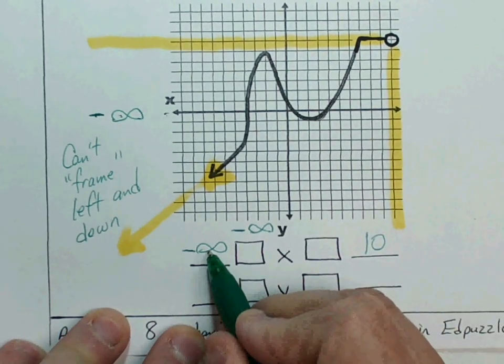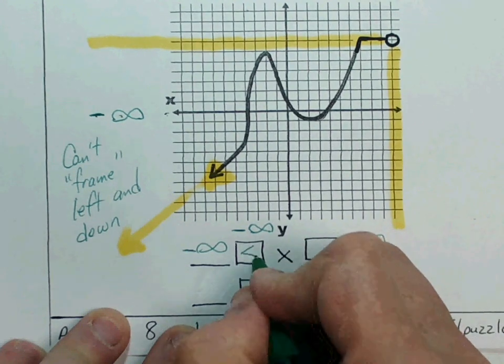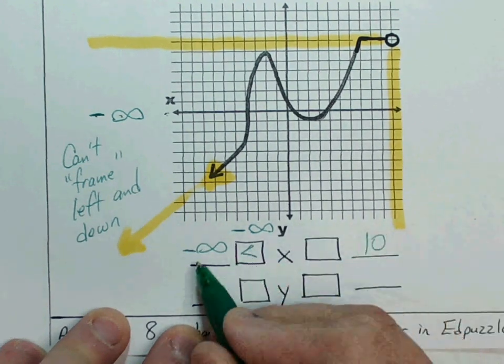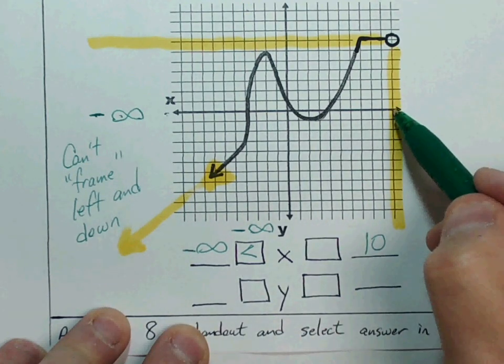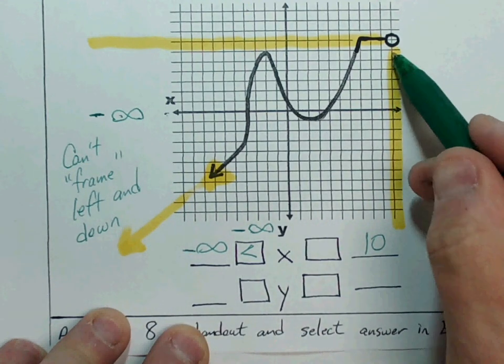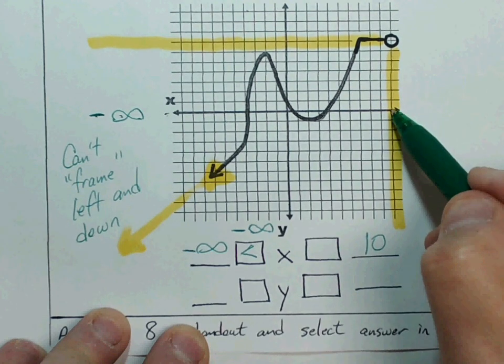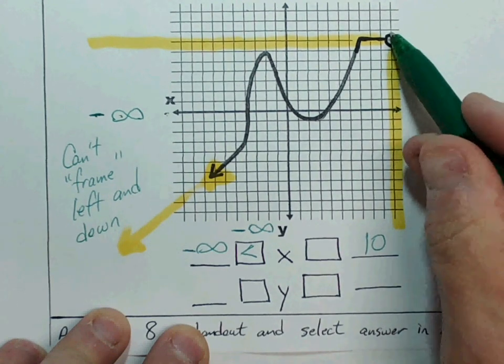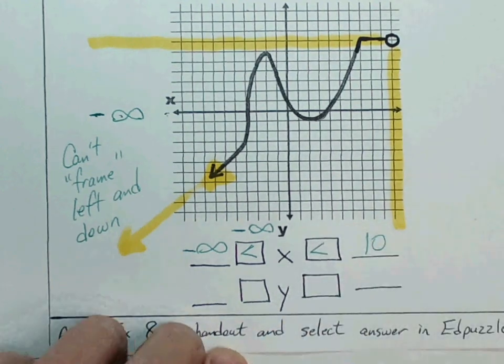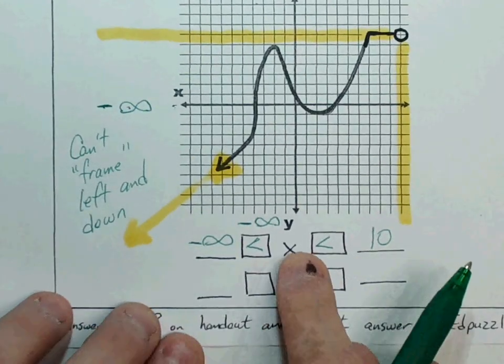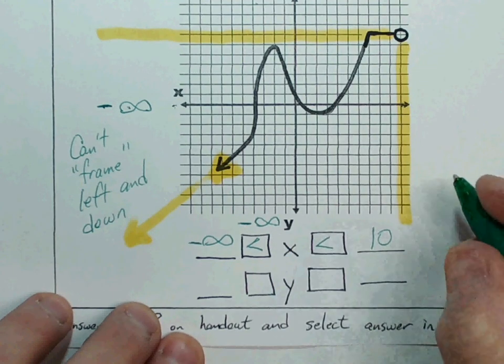What symbol always goes with infinity? That's right, less than. We can never use less than or equal to. We can't touch infinity, even negative infinity. But over here, I'm going to look at my picture. I got 10 from the frame, but now I look at the graph, there's an open dot at 10, so I'm just going to leave it like that. So, is this my domain or my range? My x values, this is my domain.